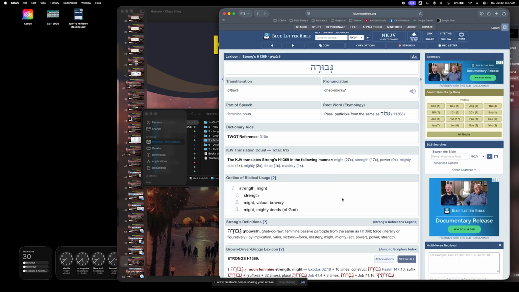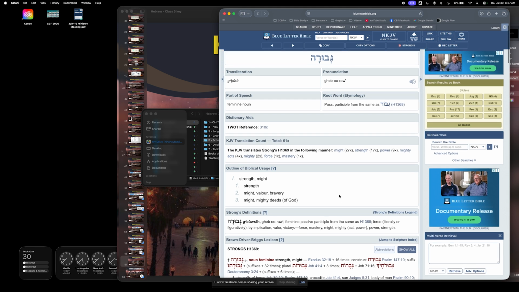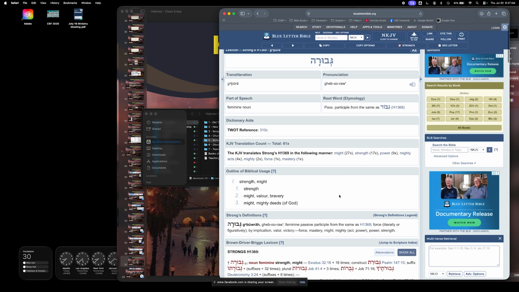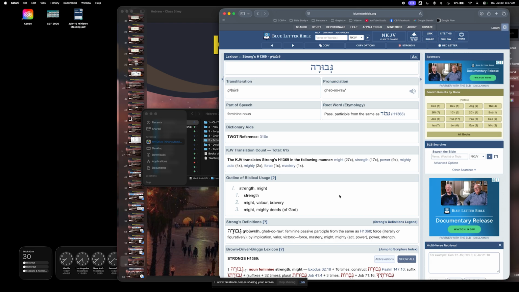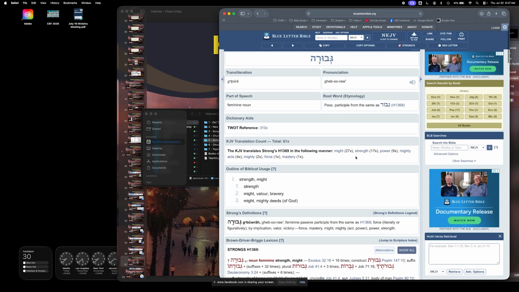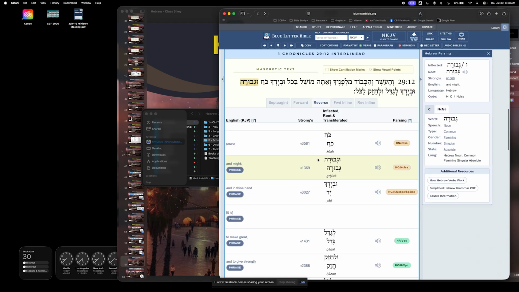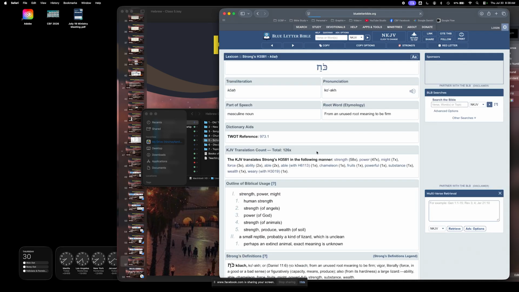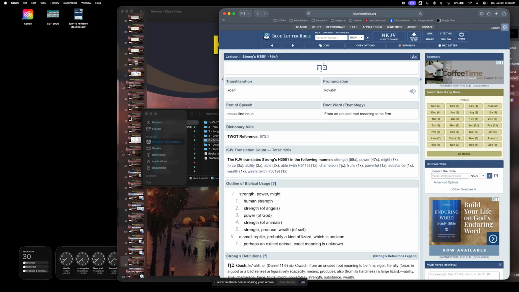Let's take a look. H1369. It's a noun. It means might, strength, power. Interesting, by the way, because you might sit there and go, wait a minute. This word, gevurah, means might, strength, power. How about the previous word, koach? Also means strength, power, might.